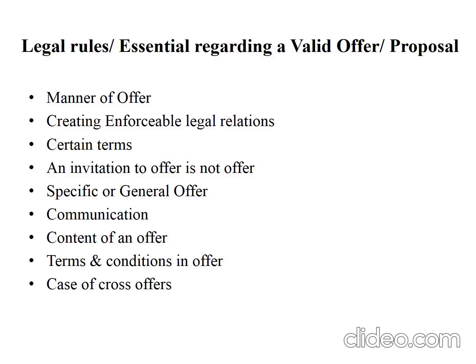So it is an invitation to offer which may or may not constitute the final offer. Specific or general offer: the details in the offer should be very specific, to whom you are addressing and what subject content you are giving. If you are making a general offer, it should be clear that the offer is open to any person who is interested in the contract.